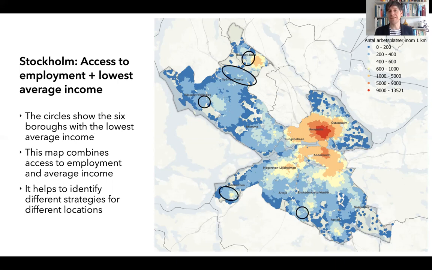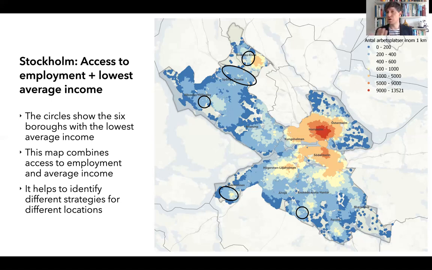So if we overlay this with these black circles, and the black circles is a little bit like the last map, showing the 6 neighborhoods with the lowest average income of Stockholm. If we combine income and where the jobs are located, it can help us to identify different strategies for different locations. In some cases, you can see in the north, for example, it's pretty close to a cluster of offices.